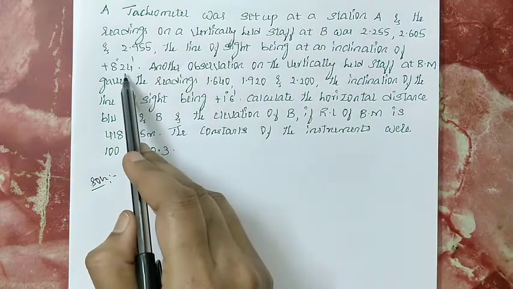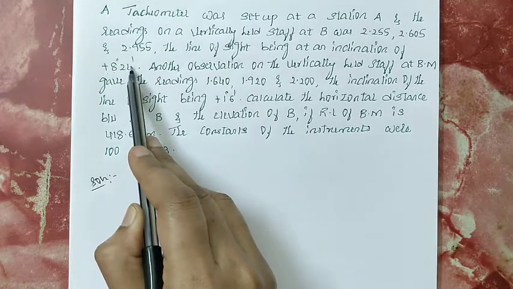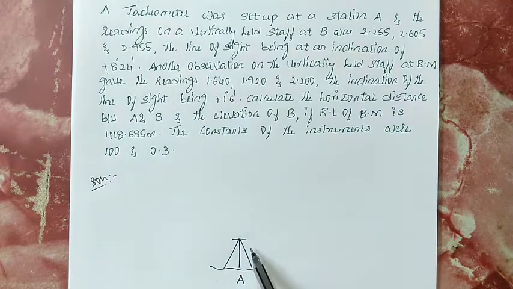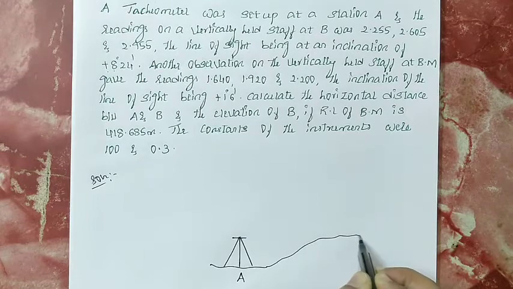You can observe the angle of inclination they have given is plus 8 degree 24 minutes. It means angle of elevation, the telescope is raised in the upward direction. Write on the B station: compared to tachyometer station A, the B station should be in a higher position.